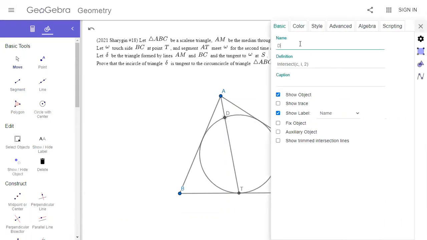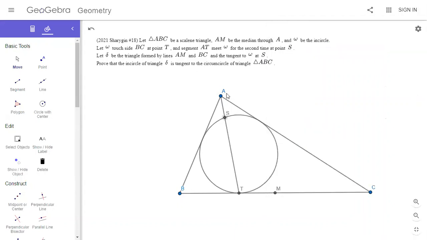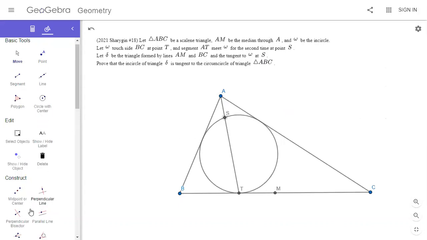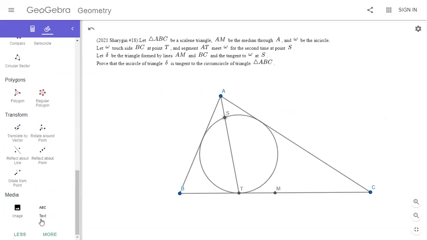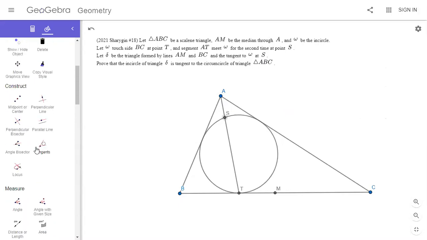All right. And let's see. We draw the tangent. Let's see. Where's the tangent? Hold on one second.